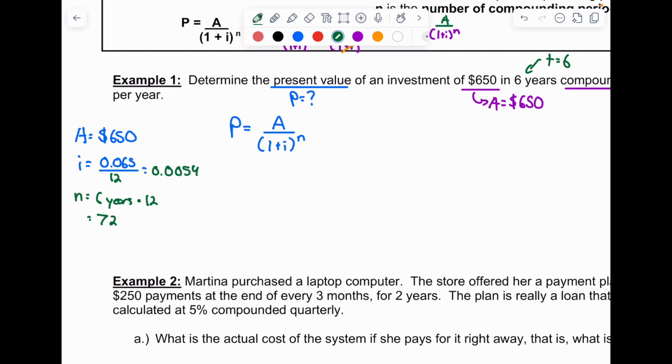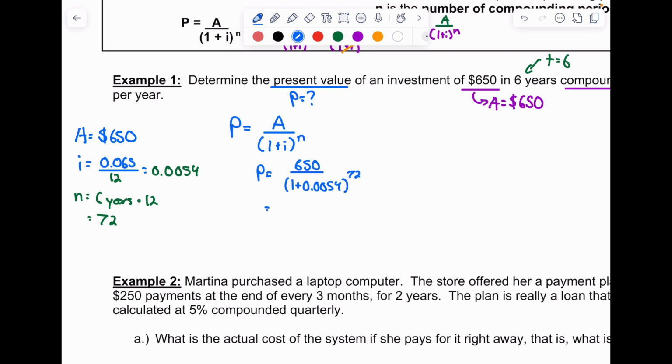Okay, so now just plugging it all into our formula, right? We are looking for P, so P is equal to our $650 that we had in the future, or I guess have now. So what did we have before? 1 plus 0.0054 to the power of 72.